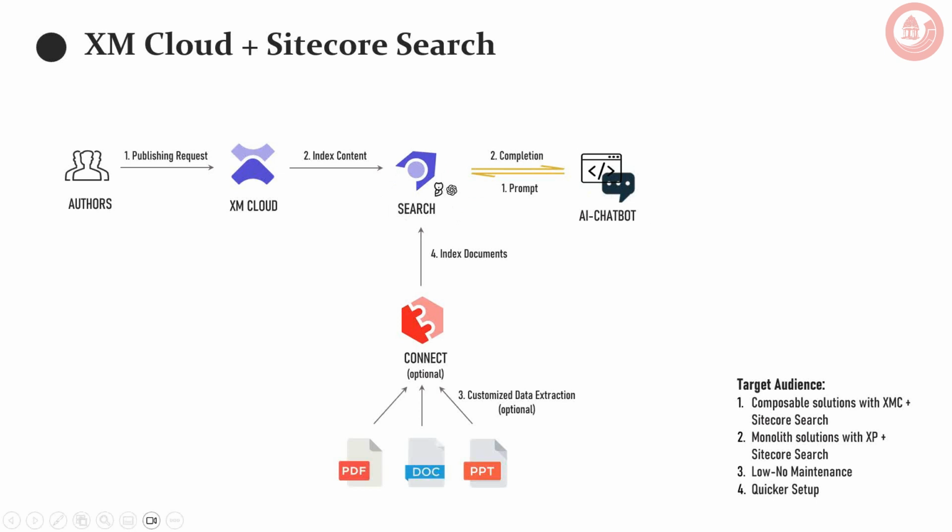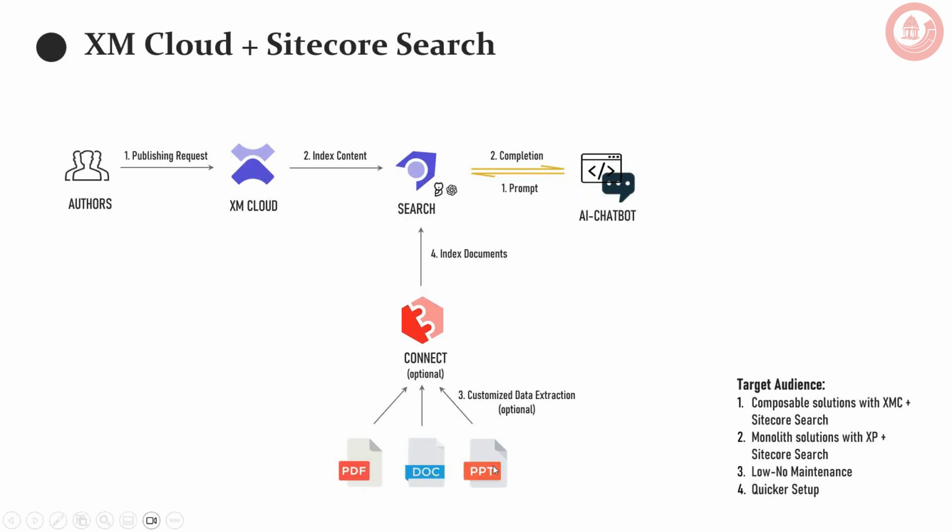So it's pretty simple. It's just composable, right? You just compose all of these. If you want to parse any documents, Sitecore Search already accepts documents by itself, so you don't really need Sitecore Connect. But if you want to parse the documents, or pick certain portions of the document, or if you have a very custom requirement, you could include Sitecore Connect as well.